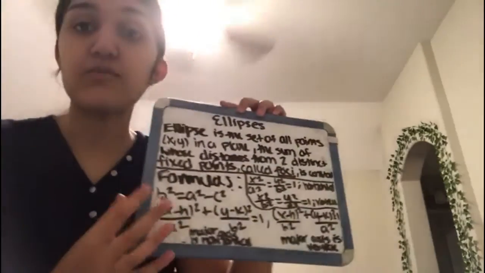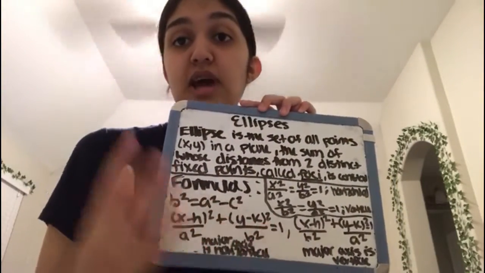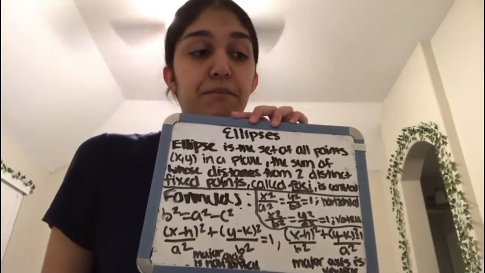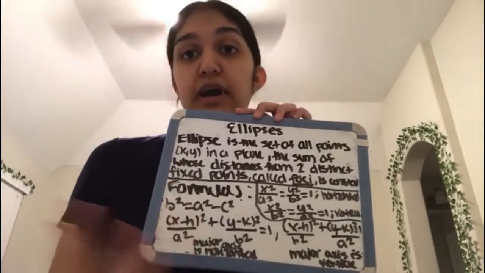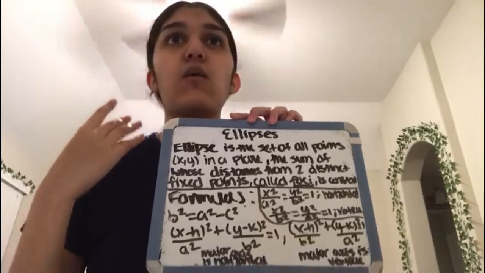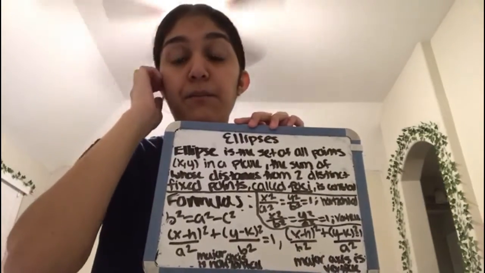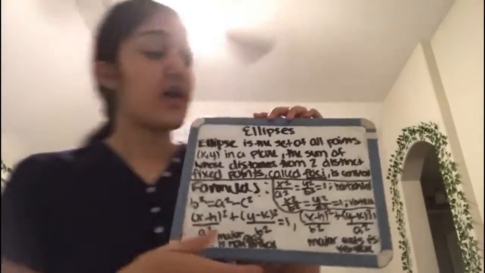You just substitute the numbers for the letters and subtract, and that's all. You will see more when I do the problems and how I interpret the numbers in the formula.